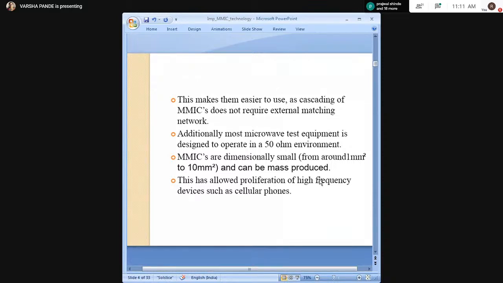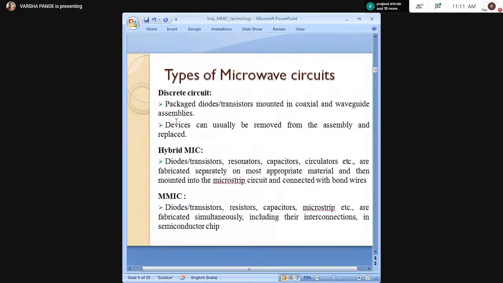Now, already I told you there are microwave circuits: discrete circuits, hybrid MIC and MMIC. Discrete circuits means what?